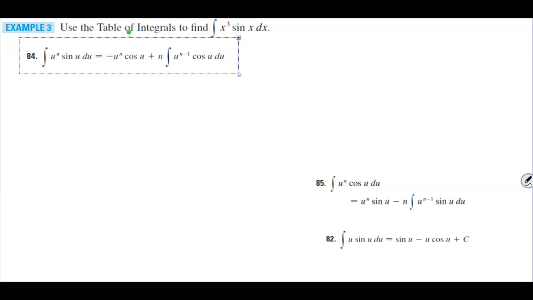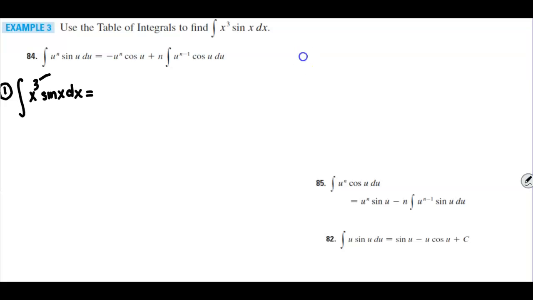Okay, so number 1, we're going to take our original integral, which is x cubed sine x dx. Because this is x cubed, we're going to let n equal 3. Now we're going to rewrite this form.